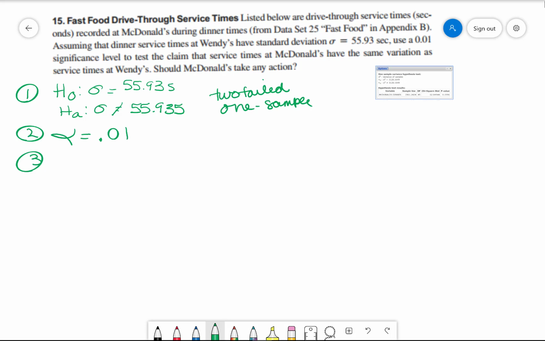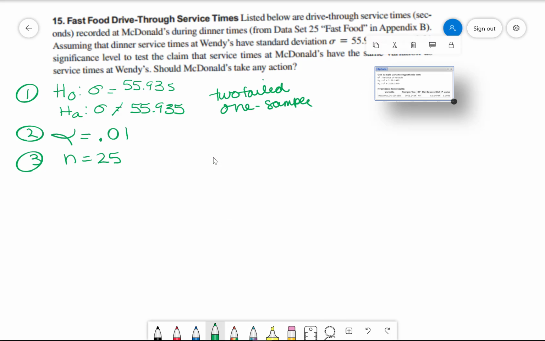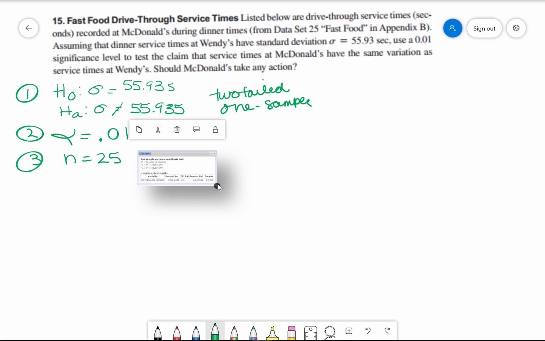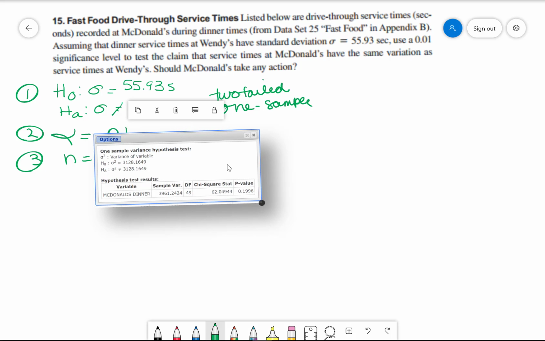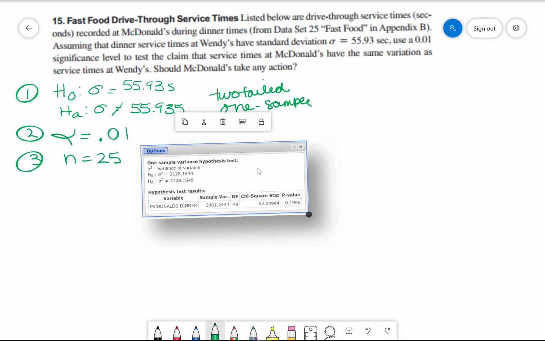We did not do descriptive statistics, so I'm just going to pull in my data from StatCrunch.